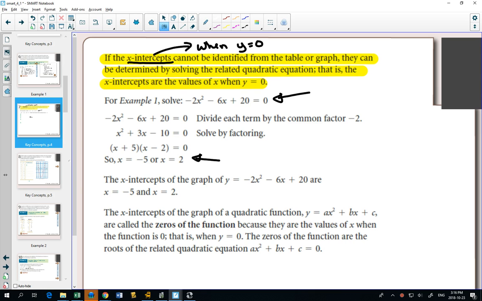So if we look at the graph that the textbook did right next door in example 1, they found x-intercepts at -5 and at 2. And if you set your equation equal to 0 and solve it, you could find your x-intercepts.